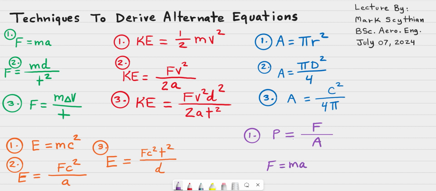So we could set up a dynamic pressure equivalency to P is equal to F over A. So of course we could substitute and just rewrite it as P is equal to MA over area, mass times acceleration divided into area. So that becomes a second derived equation.